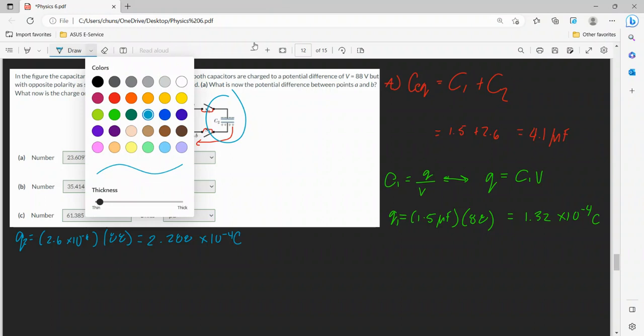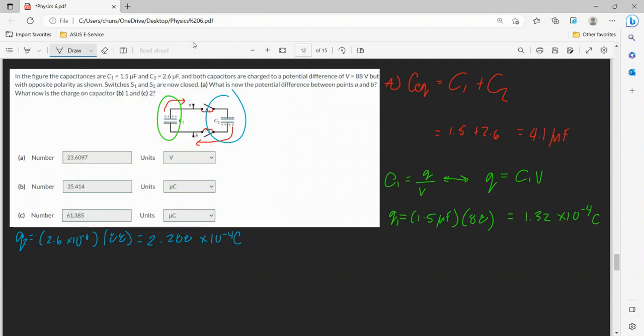So now we're going to calculate the net charge that we have. So our net charge is 2.288 plus 1.32 times 10 to the negative 4 coulombs, and this is equal to 3.608 times 10 to the negative 4.